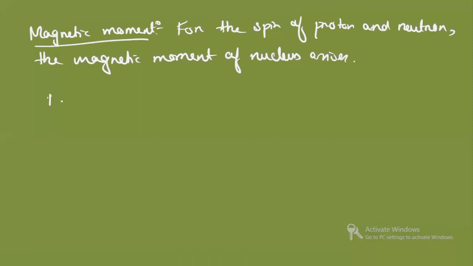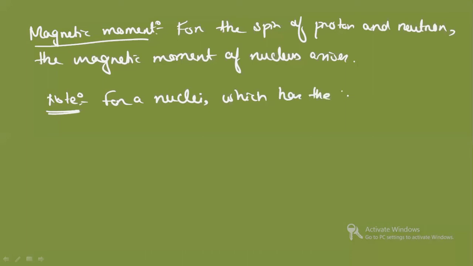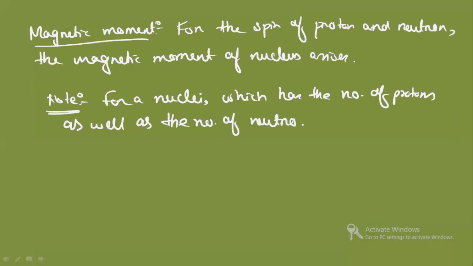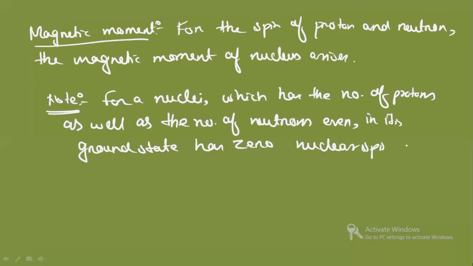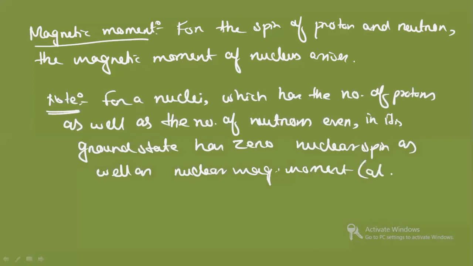You need to remember, this is a very important note, that a nucleus which has an even number of protons as well as an even number of neutrons in its ground state has zero nuclear spin as well as zero nuclear magnetic moment, and this always happens.